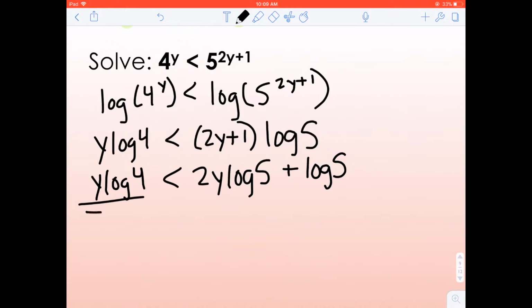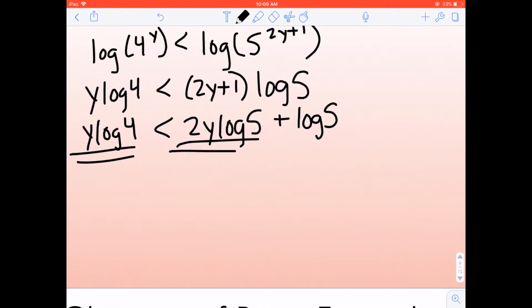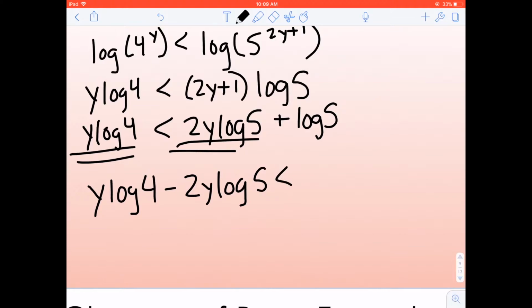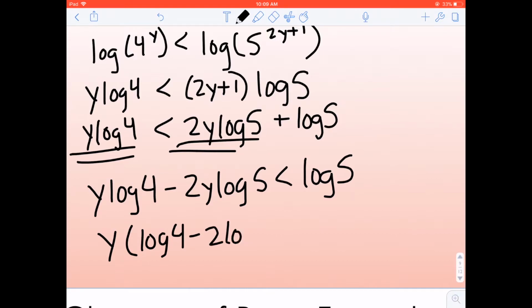Then we want to put everything with our y on one side. So we get y log of 4 minus 2y log of 5 is less than log of 5. All right, factor out your y. Get y times log of 4 minus 2 log of 5 is less than log of 5.